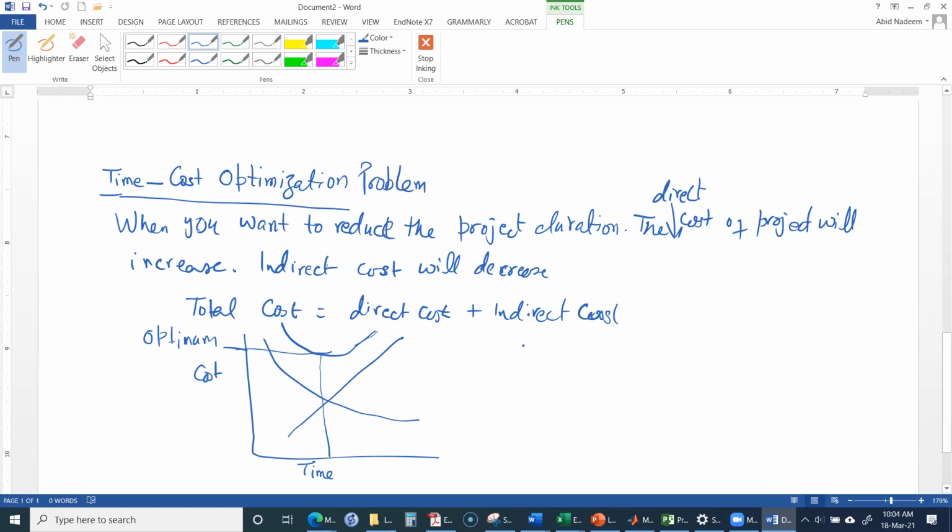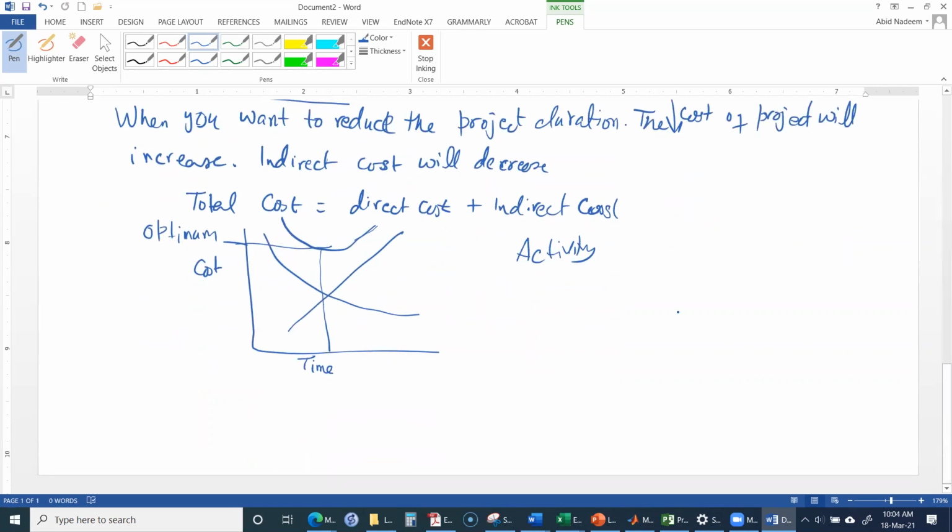This time cost optimization problem depends on the activity data.